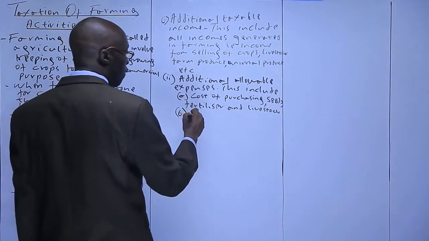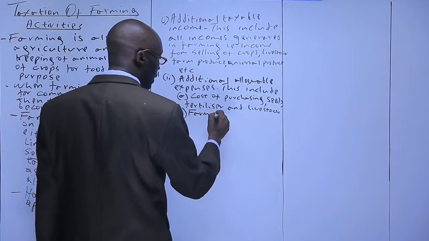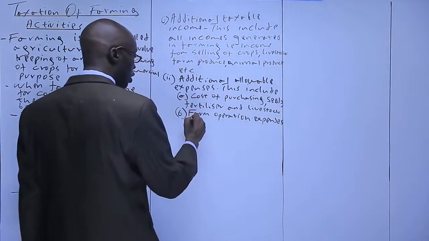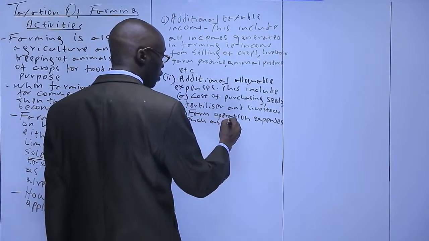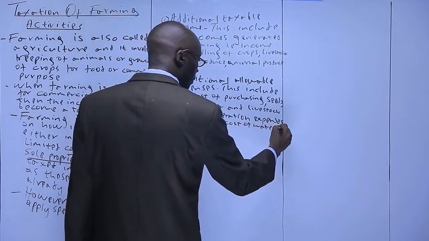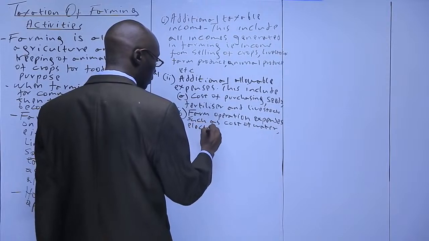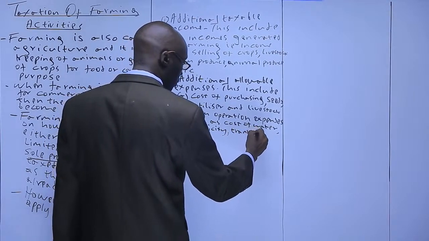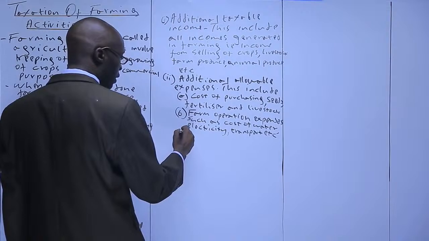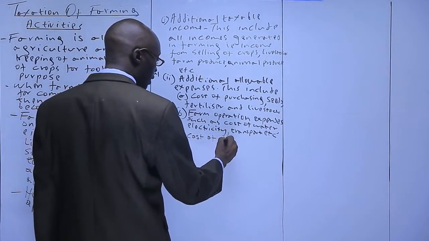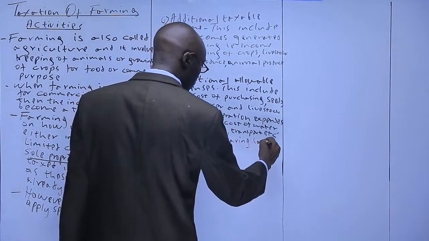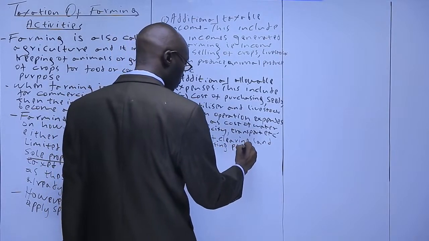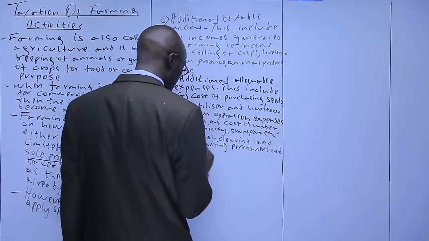B, we have farm operation expenses, such as cost of water, electricity, transport, etc. Then we have C, costs of clearing land and planting permanent and semi-permanent crops.